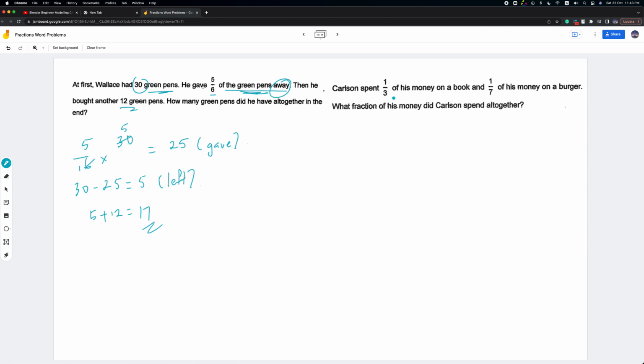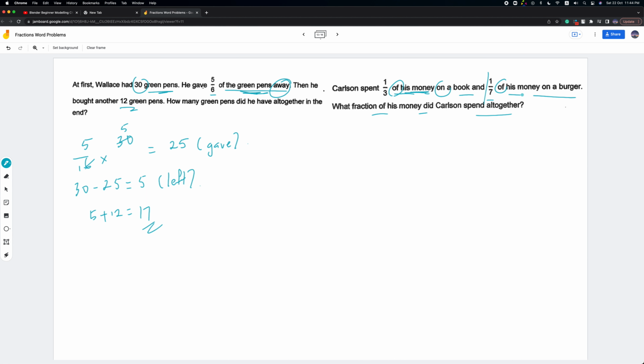Next question. Carlson spent 1/3 of his money on a book, 1/7 of his money on a burger. What fraction did Carlson spend altogether? This is another revision. Don't get confused when there's a remainder. Remember, if there's a remainder, we're going to forget about this part first and just focus on this. But since there's no remainder, let's look at the unit: of his money.